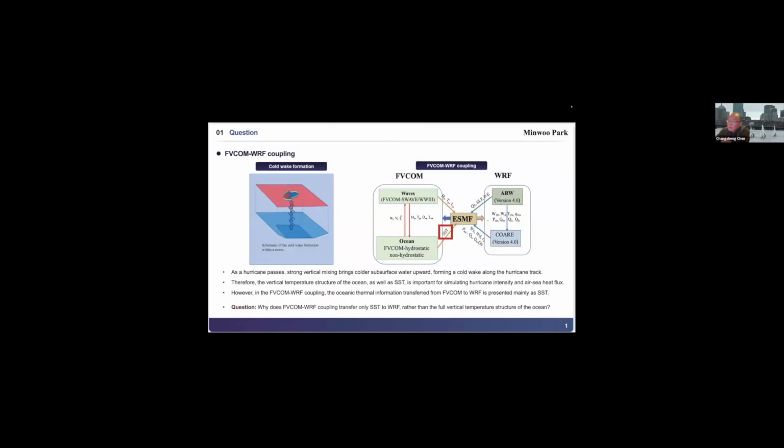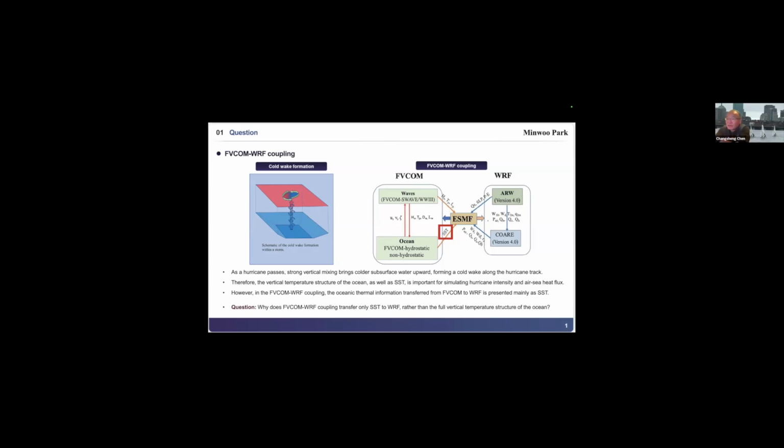But to make your long question short: should you include the vertical temperature structure of the ocean in the exchanges? No. You only need to consider SST, the sea surface temperature, not the satellite SST data, because this SST changes due to dynamics.